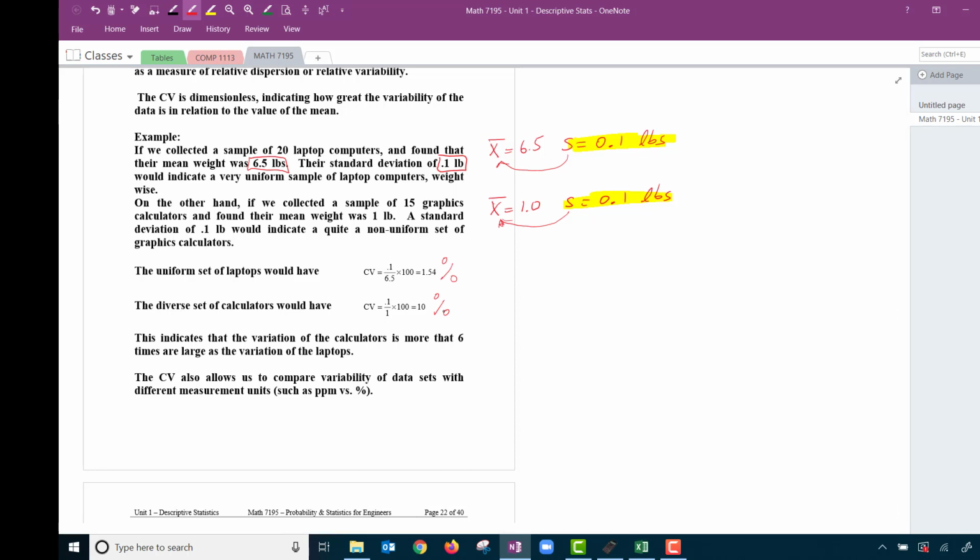indicating that there's a lot more variation in those calculators than in laptops, which you can tell I completely made up this example because that doesn't even make any sense. There's only like 2 or 3 calculator manufacturers, so I would expect them to all be relatively the same, where there's like 100 different laptop makers out there in different styles and such.